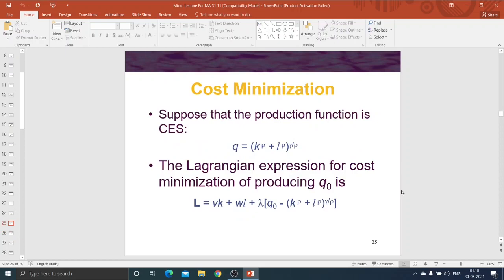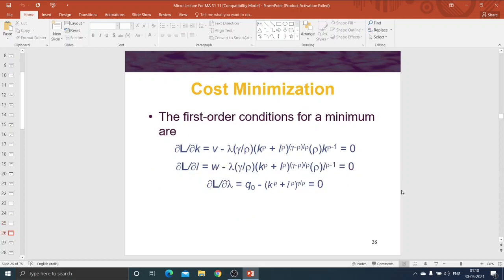In the CES production, that is the constant elasticity case, in the first order condition capital and labor each have their own term, but it is not under a strict assumption that the degree is one. It can actually be any degree in that sense.